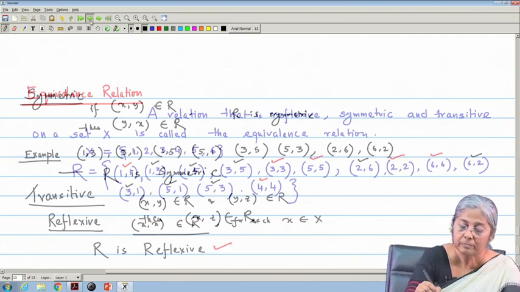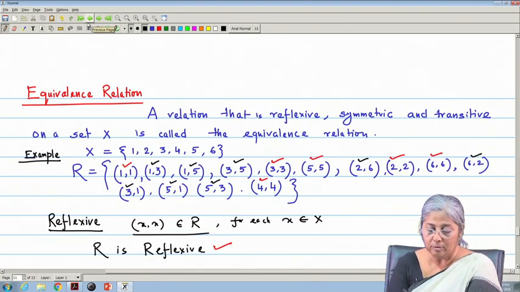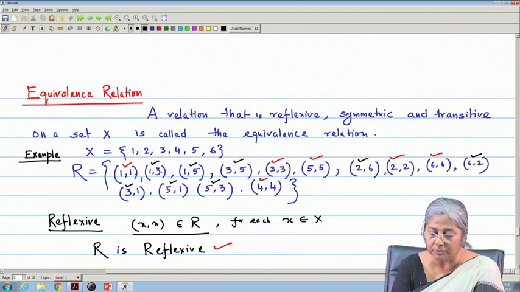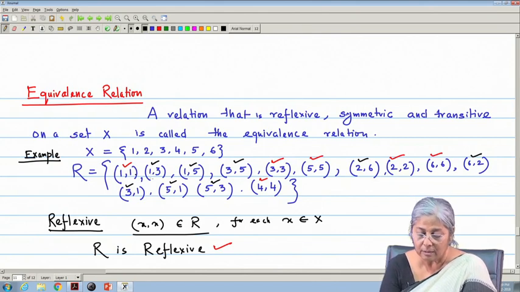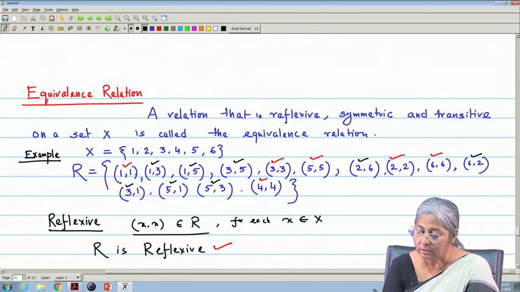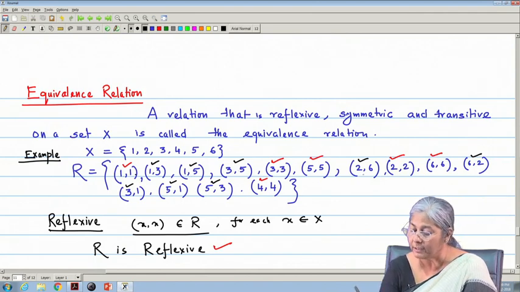We see (1,1), (1,3): (1,3) is there. Then (1,3), (3,5): we should check that (1,5) is there.